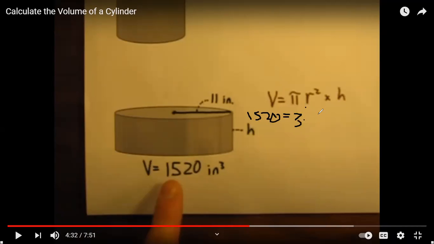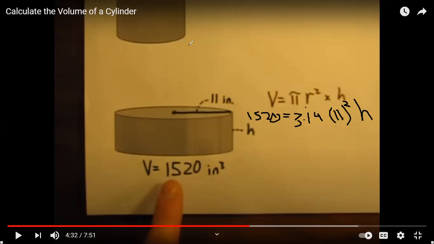What else do we know? We know the radius. So it will be 11 to the power of 2, times h. So if I want to calculate the value of h, we will divide both sides by 3.14 times 11 to the power of 2.